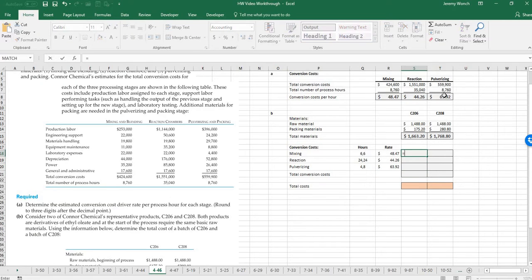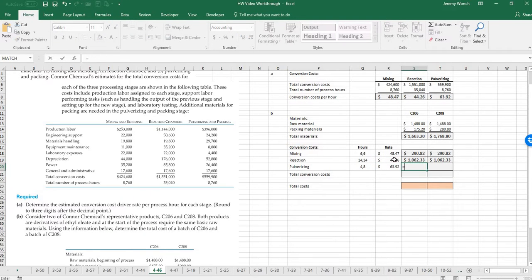Now for job 206, we just take our 6 hours times our rate, and for job 208, we also take 6 hours times our rate. For the reaction department, that's going to be 24 hours times our rate, same for both.